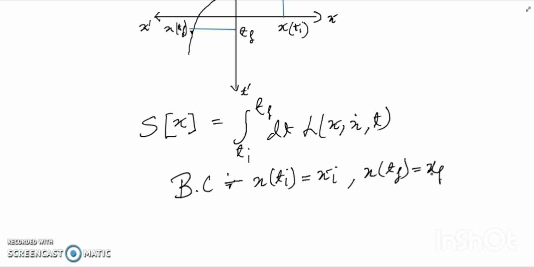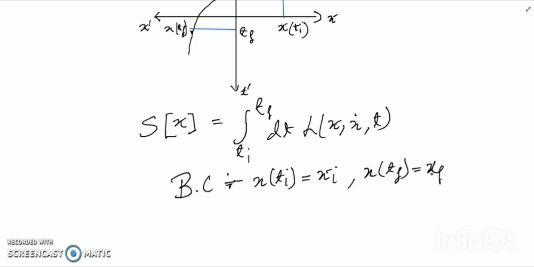Then you integrate that function of time from ti to tf. But in order to do so, you have to know what the function capital x of t is doing at ti and tf. So these are the boundaries.